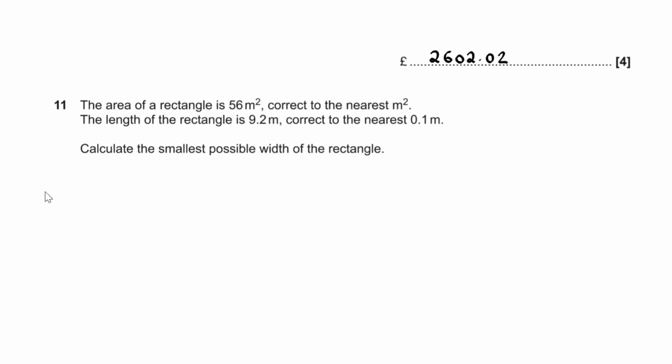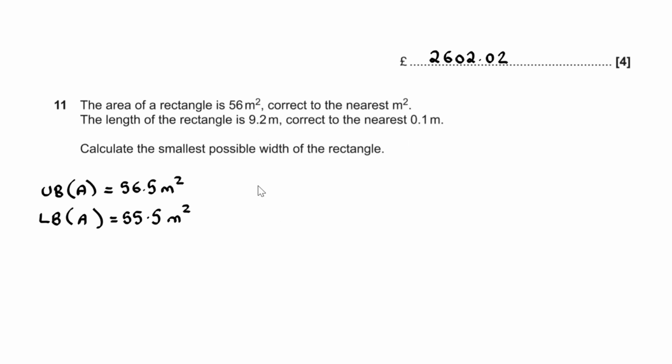So for the upper bound for the area, that will be 56.5 meters squared. And for the lower bound of the area, that's equal to 55.5 meters squared.